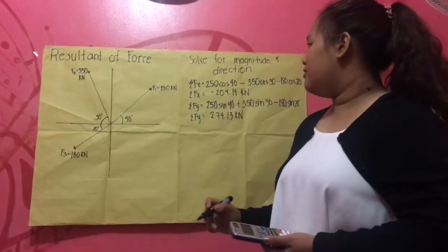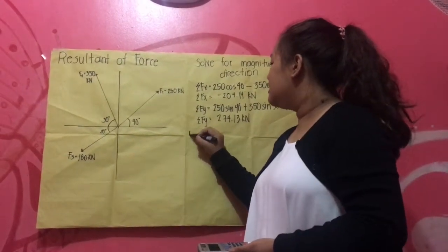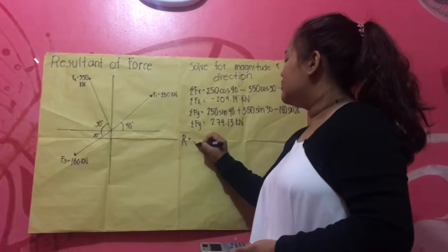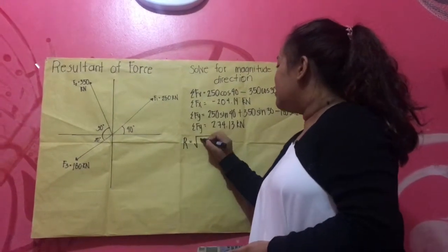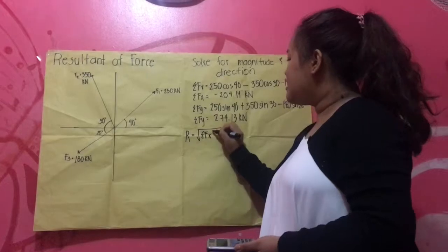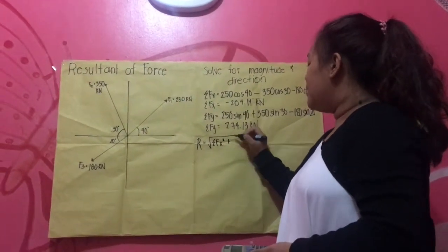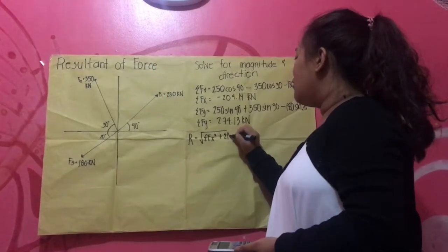So, the formula for getting the resultant is R equals the square root of the summation of forces along the x-axis squared plus the summation of forces along the y-axis squared.